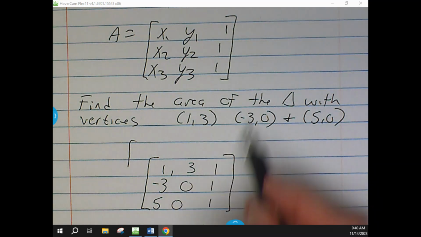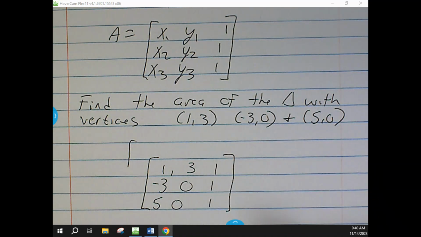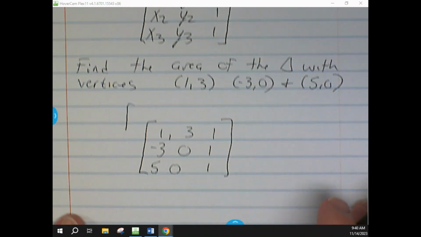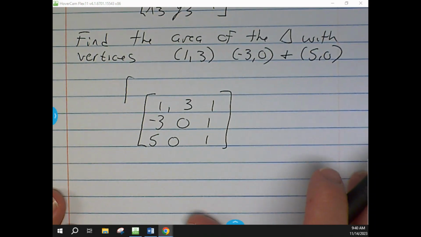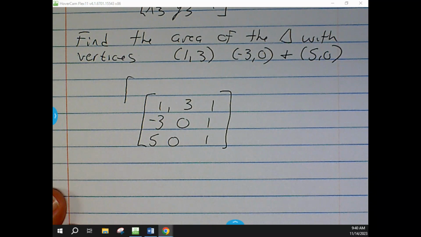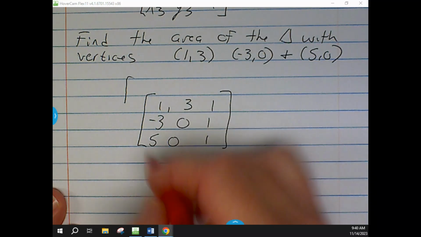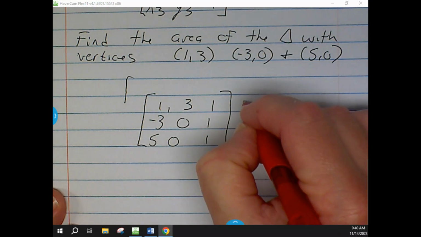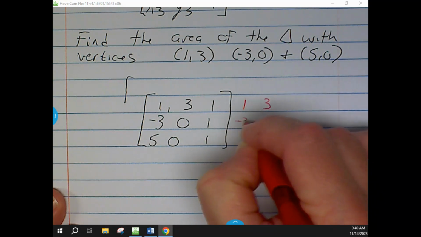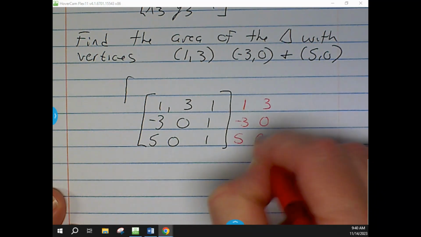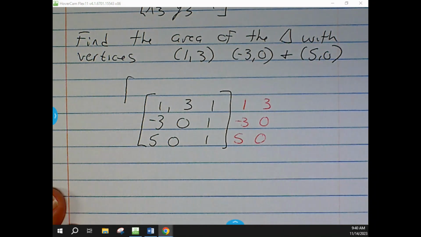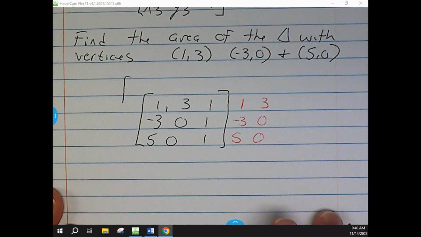So ordered pair, ordered pair, ordered pair, and just put 1s at the end of it. Because it's a 3x3 matrix, we're going to have to go back and repeat these first 2 rows. So we're going to put a 1 and a 3, -3, 0, and then 5, 0. So we're going to repeat our ordered pairs on the outside so we can go back and do our cross products here.